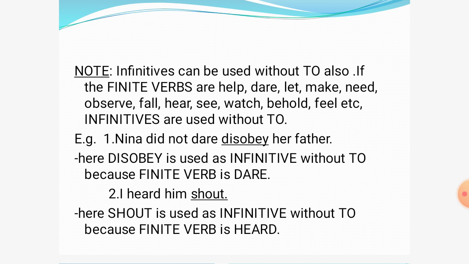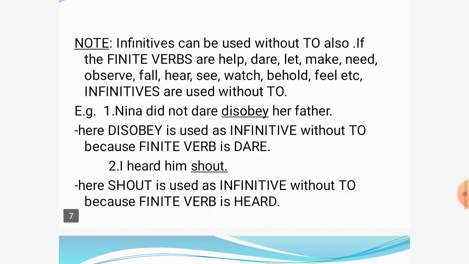Here, shout is used as infinitive without to because our finite verb is heard, which is past form of hear. So, you have to be very careful about these words if they are in a finite form of verb in your sentence. So, your infinitive will be without to.